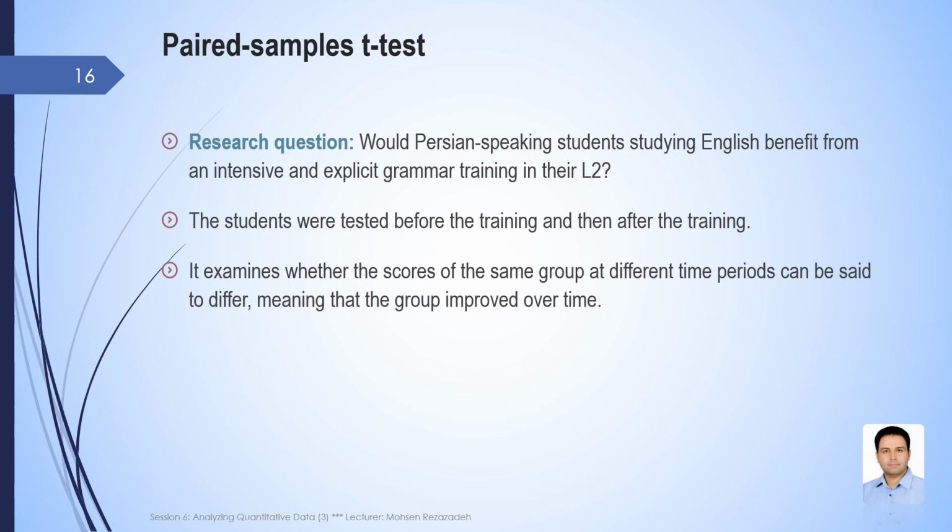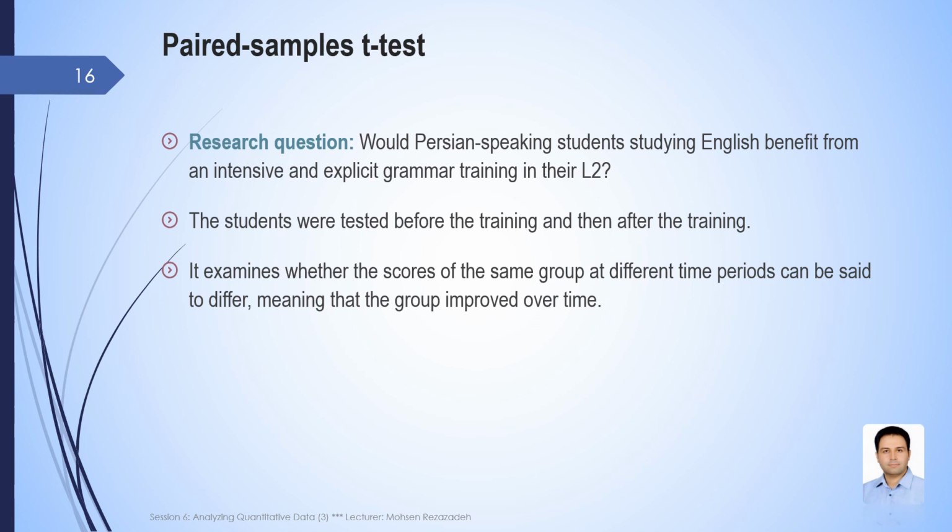So, if you look at the research question again, would Persian-speaking students studying English benefit from this explicit grammar training? We have a pre-test, then we have explicit teaching of grammar, and afterwards the post-test.